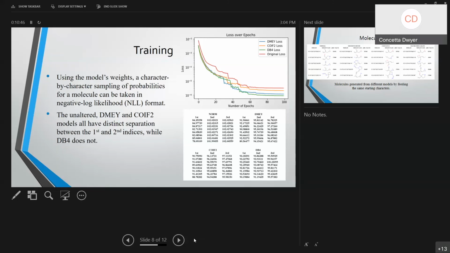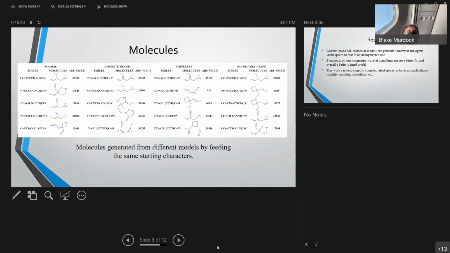Next slide. These are just some of the molecules that I decided to use, generated by feeding starting characters into the trained model. I have these 4 different models: one with normal, quafflets, discrete Meyer, and Daubechies. As you can see, the SMILES strings are fairly similar for each of the entries in a row.